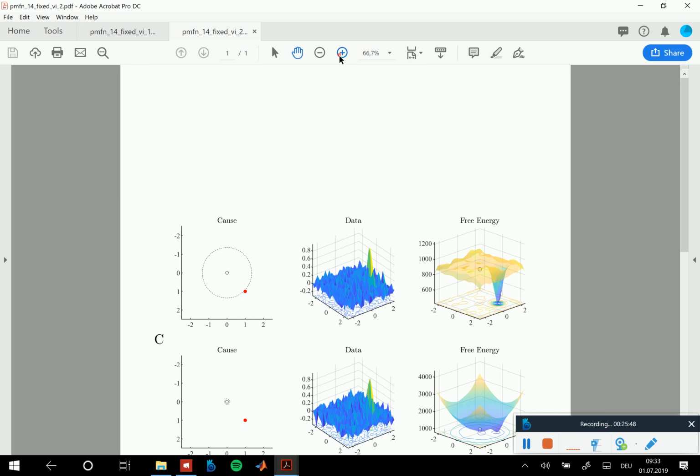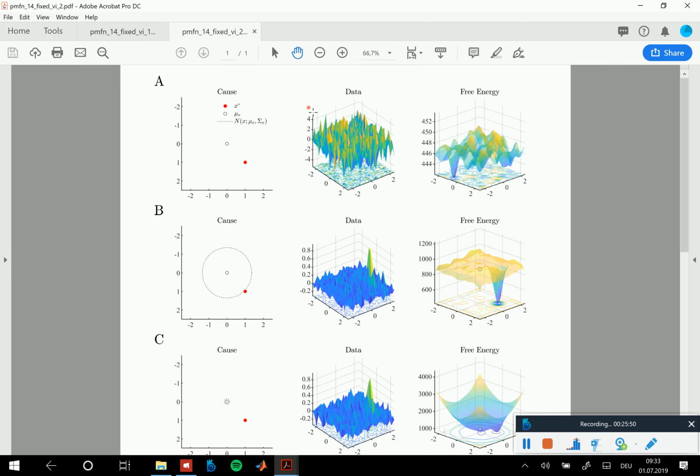So one important thing for the whole thing to work, so that the true but unknown cause is rightfully approximated by the variational expectation parameter, depends a lot, of course, on the relationship between the data noise, or the observation noise, as well as the prior uncertainty or tightness of the prior.